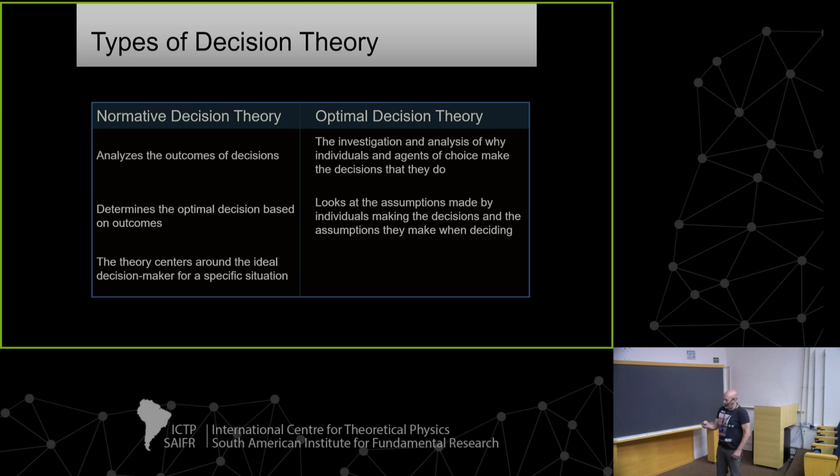So I can use normative decision theory. The people will behave in a different way, so I will need to understand why they have behaved in the way they did. And also, it looks at the assumptions made by individuals making the decisions. So the approach is different. Maybe I start with this. If this is not working, I will need to go on with this.